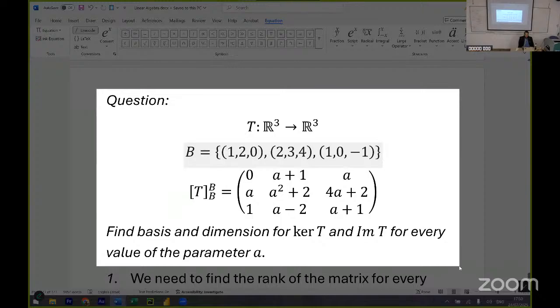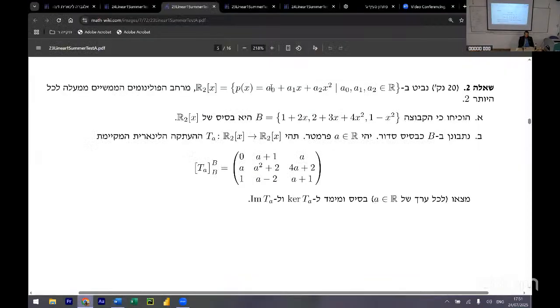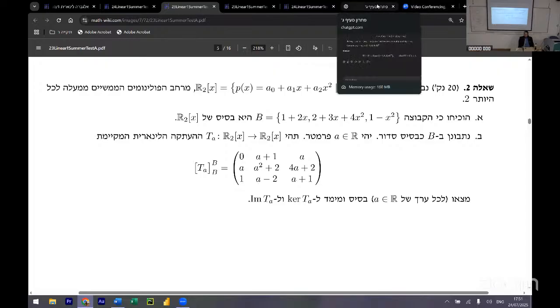We saw this in class, right? Finding the kernel and everything. We learned about how to find the kernel. We didn't practice it a lot, but we learned how to find the kernel.